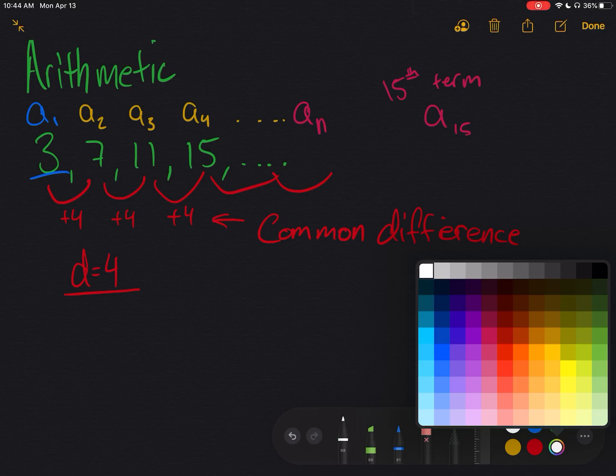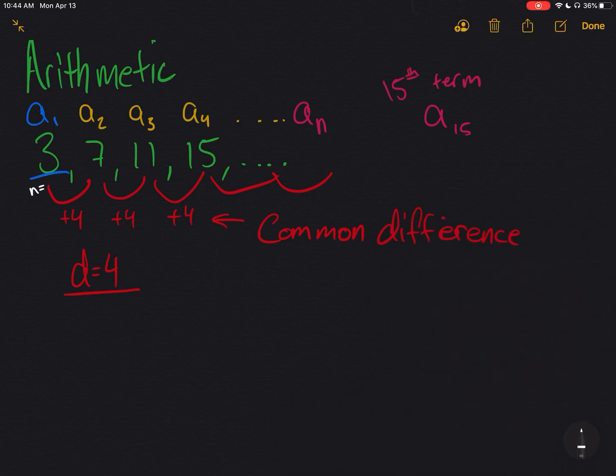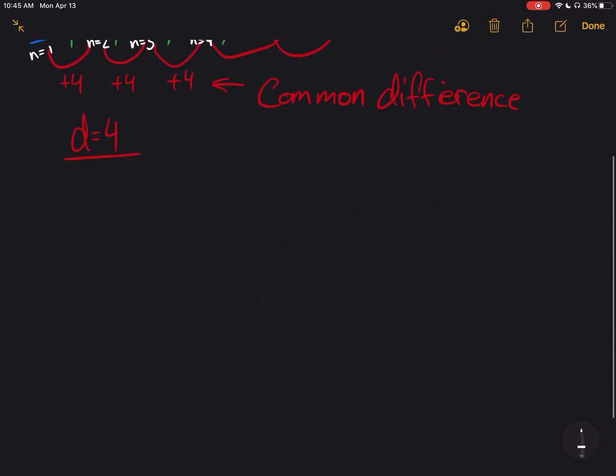So that's what we'll call the N. So for our first term here, N equals 1, N equals 2, N equals 3, N equals 4, and all of that links to, so the N equals 1 term is A1, the N equals 2 term is A2, so on and so forth. So you can think about N is kind of like X, and AN is kind of like Y, right? So I put in X, I get out Y.